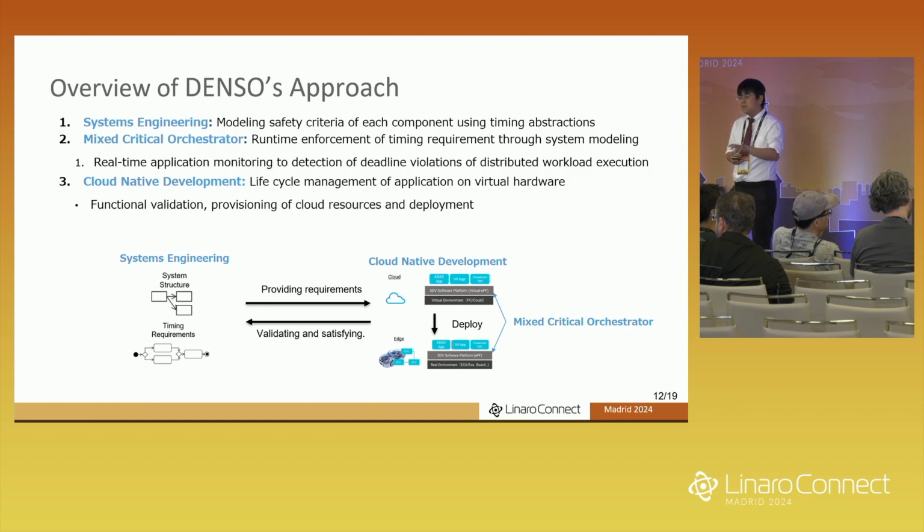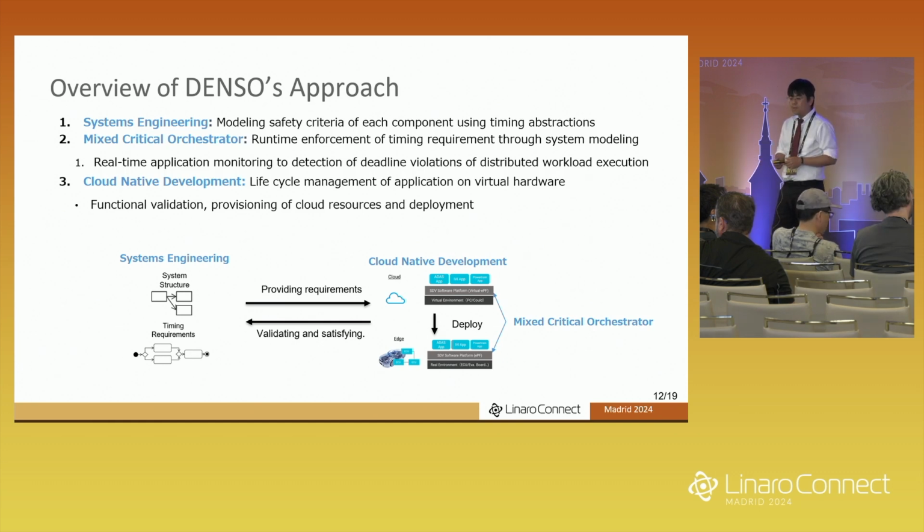After sufficient design verification on the cloud side, the system will be deployed to the real edge ECU. Of course, the system behavior is guaranteed here by the mixed criticality orchestrator. Okay.